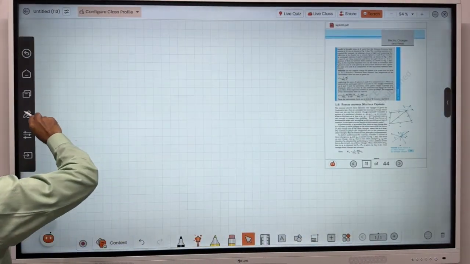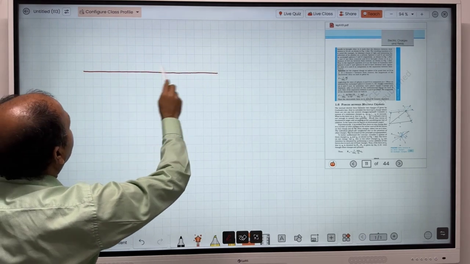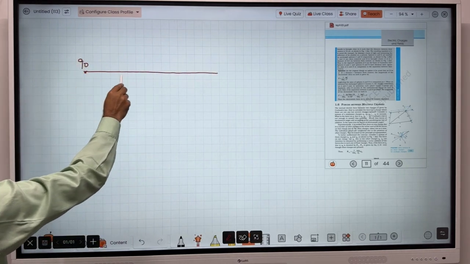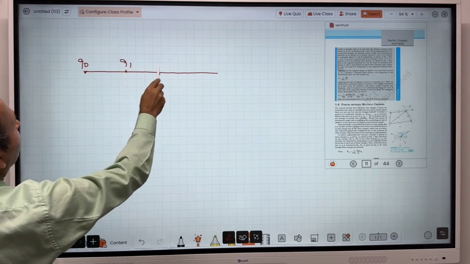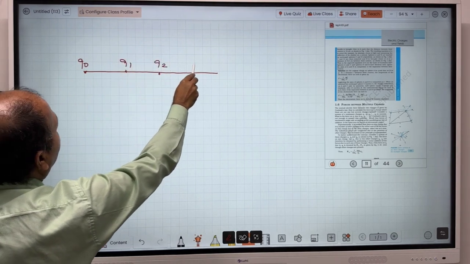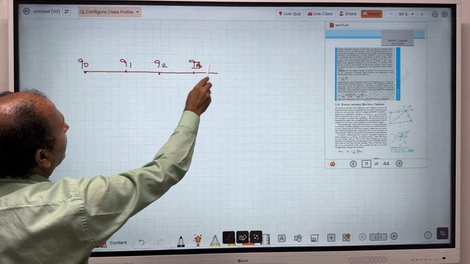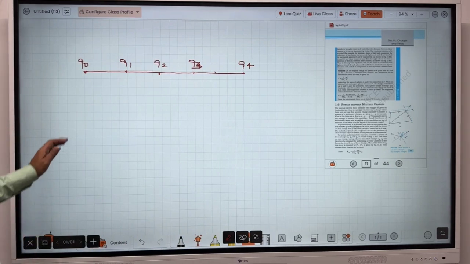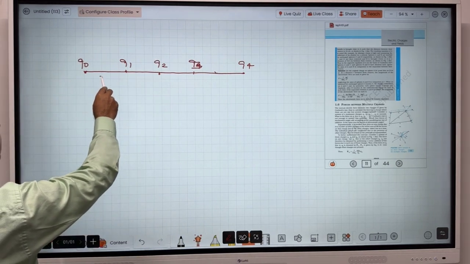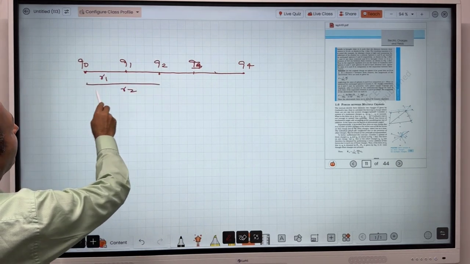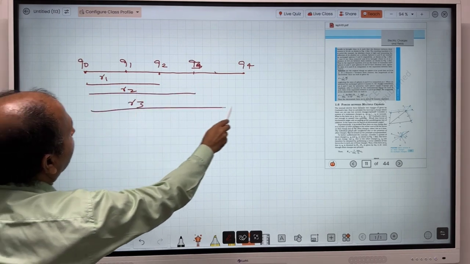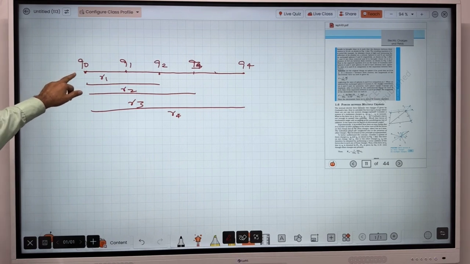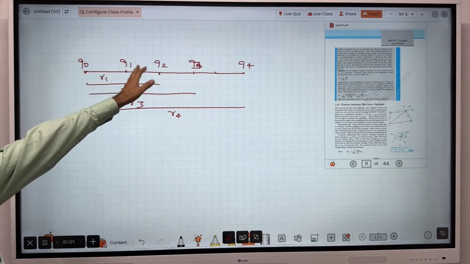Suppose here there is one charge Q0, here there is another charge Q1, a third charge Q2, then Q3, then Q4. There are 5 charges and the separation is given. This is R1, up to here this is R2, up to here this is R3, and up to here this is R4. Suppose you have to find out the net force on Q0 due to these charges.